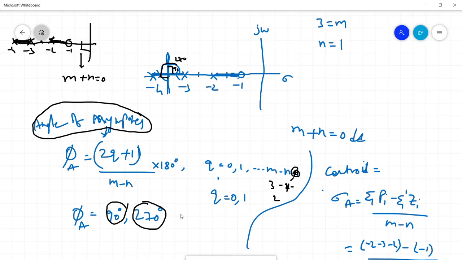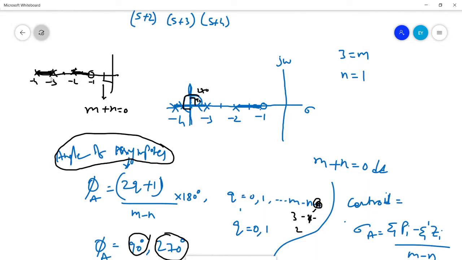Let us consider the pole here. As we mentioned, it will start from this pole and tend towards the zero. Somewhere in between these two poles, the angle it makes with respect to the real axis is 90 degrees for one pole, and the other pole makes 270 degrees.